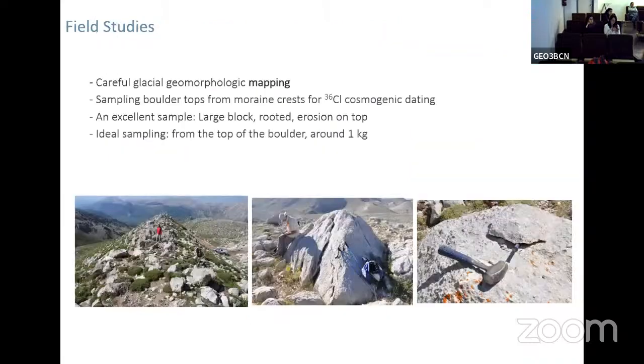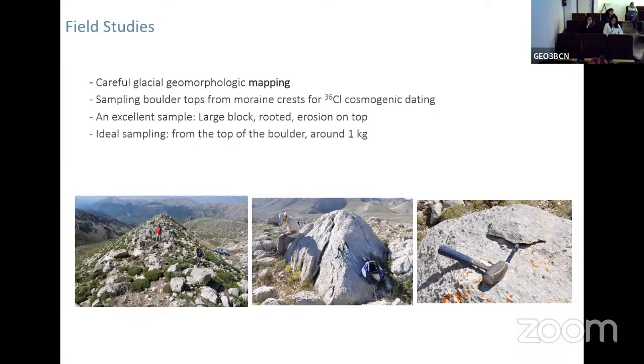So I'll show you. This is a moraine here where I am on it. It's a really beautiful lateral moraine in the Taurus Mountains in the southern mountains of Turkey. What we do is, of course, careful geomorphological mapping. We map the systems, and then we start sampling from the topmost part of the moraine here.